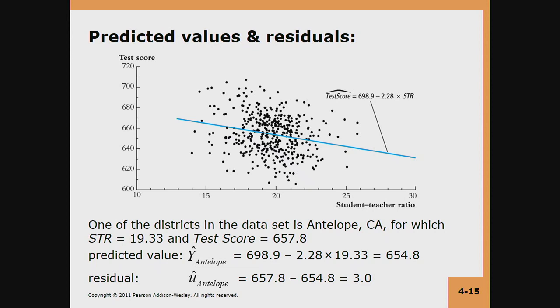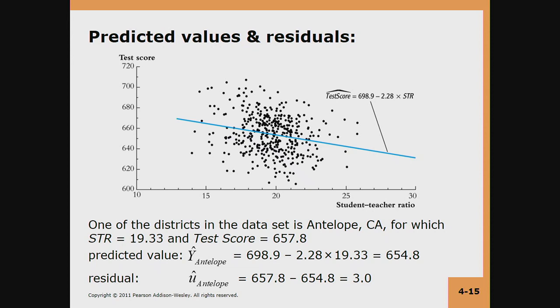Okay, so one of the districts in the sample is in Antelope, California. The student-teacher ratio there is 19.33, and the test score is 657.8. So the predicted value for y, plugging in the 19.33 for the student-teacher ratio, we get 654.8.